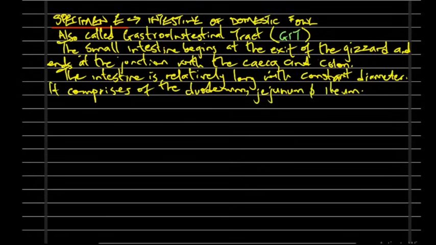The duodenum is the entrance into the small intestine. We have the duodenum, the jejunum, and the ileum. Those are the parts in the small intestine.